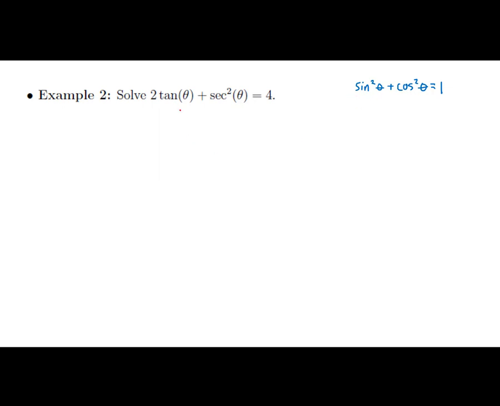And since I want the one that involves tangent, I think that I should divide the sine squared by the cosine squared. So of course I got to do that in every term to make that legal.